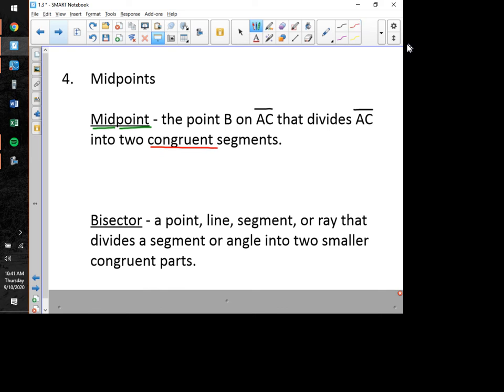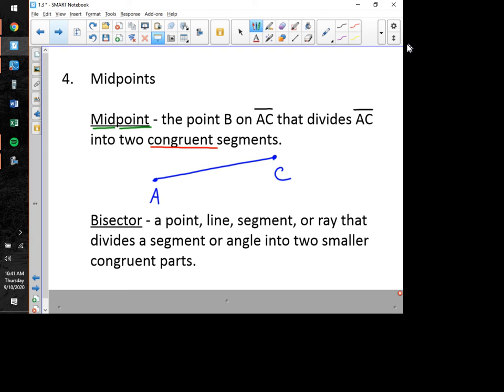So if I'm trying to figure out what to draw right here, I've got to draw a point B that's located on a line segment AC. I'm actually going to start with AC. So here's point A. I'm going to draw a line segment going over here and say, okay, that's point C. So we've created line segment AC.